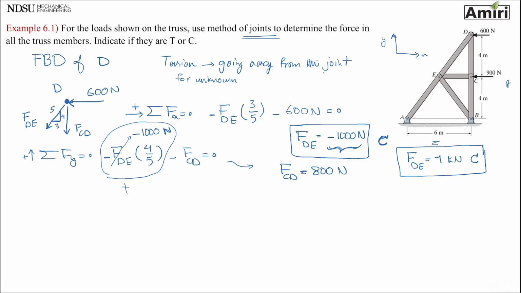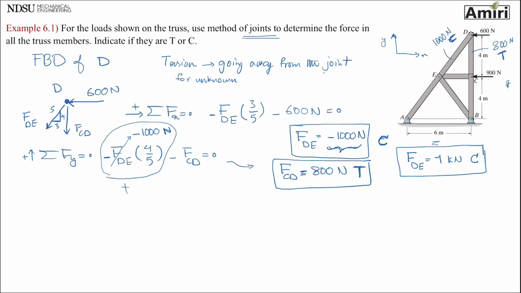My sign turned out to be positive, so that means it is in tension. Okay? Alright, so I found this force to be 1000 newtons tension. I found this one to be 800 newtons. Or sorry, this one was compression and this one was tension.